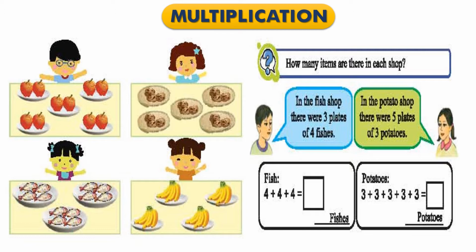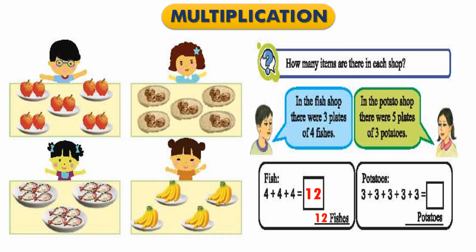So how are we going to calculate them? Normally, if you look at the fish, there are 4 fish in each plate, so we do 4 plus 4 plus 4, which is equal to, as you know, 12. That means 12 fish. If you count the potatoes, we can see that there were 3 potatoes in each plate, and our total number of plates is 5.